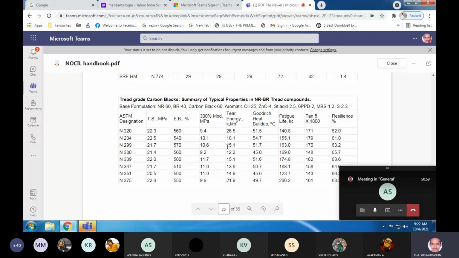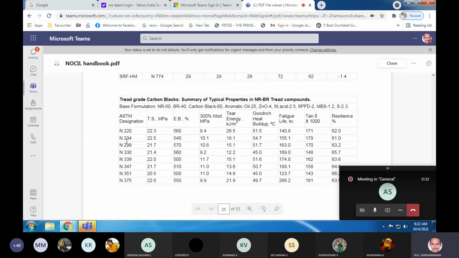And when it comes to carbon black, as I said earlier, the reinforcing filler, I can have normal structure and high structure.